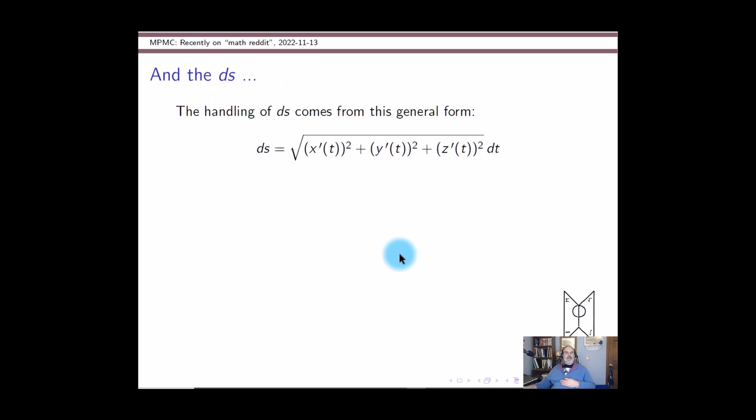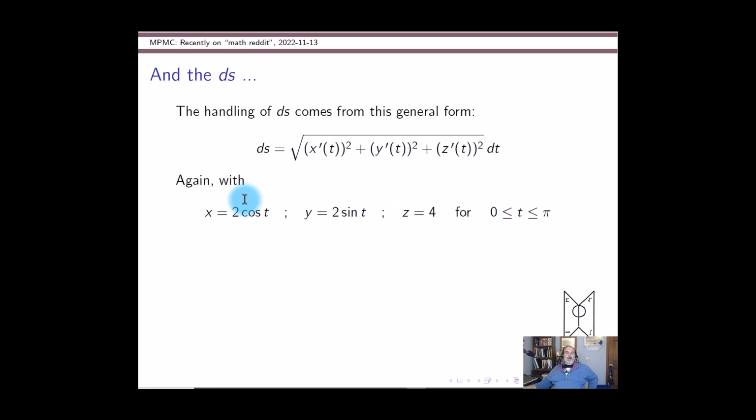The secret to that is memorable from an arc length type of calculation, which you learn before you learn how to do all these line integrals, but it's a stepping stone to get here. ds is given by the square root of x prime squared plus y prime squared plus z prime squared, where x, y, and z are the coordinate recipes for the curve.